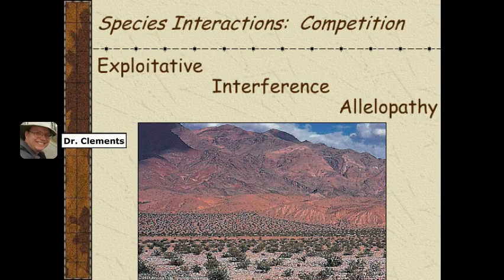Turns out that there's two basic types of competition that takes place. The first type is called exploitative competition.